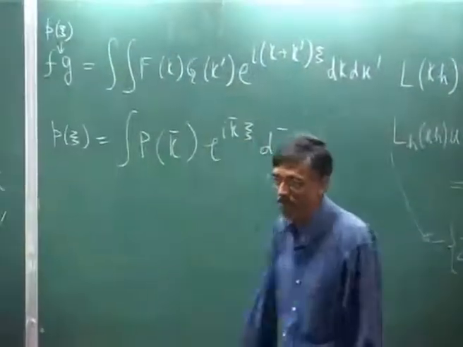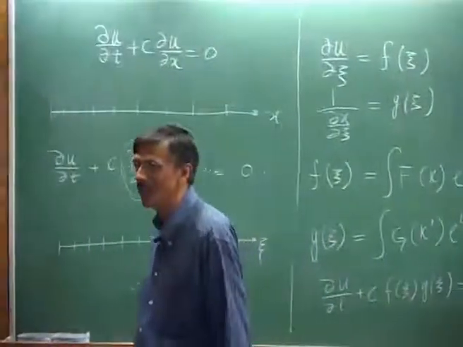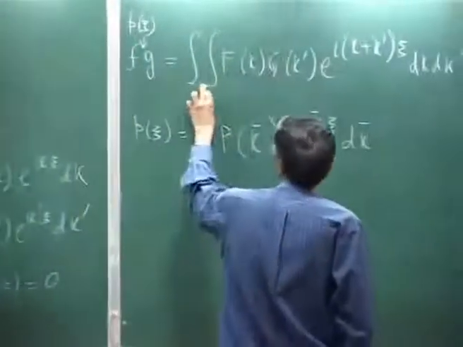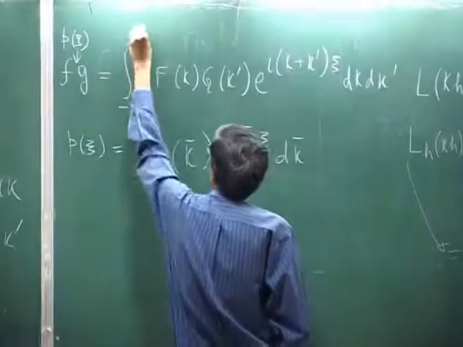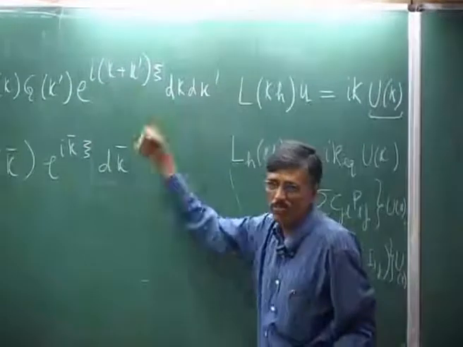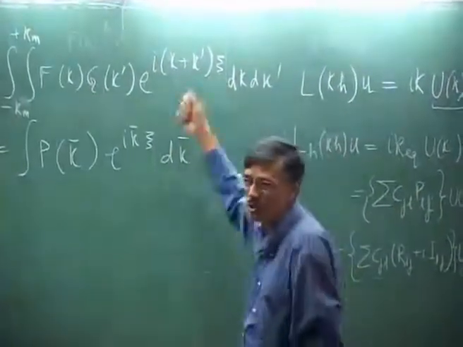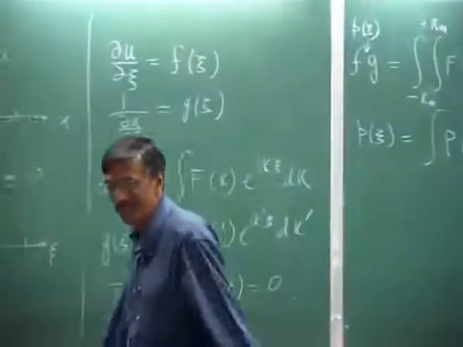K and k prime, what is their range of variability? The Nyquist limit that we need to consider here. So, we will be writing here, say, minus k max to plus k max. So, what happens to this? This phase variation is shown here as minus 2k max to plus 2k max.